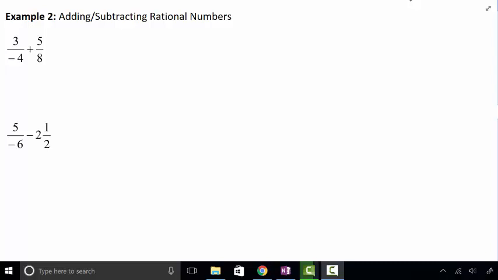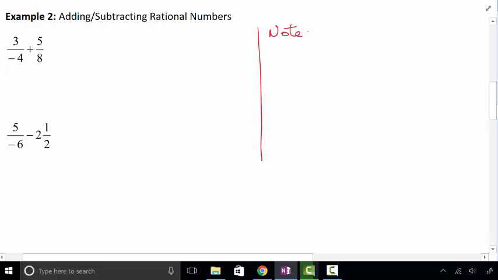I want to push that to the numerator. So remember what I taught you before is that you should understand that 3/-4 is actually the same thing as -3/4. So make sure you understand that.